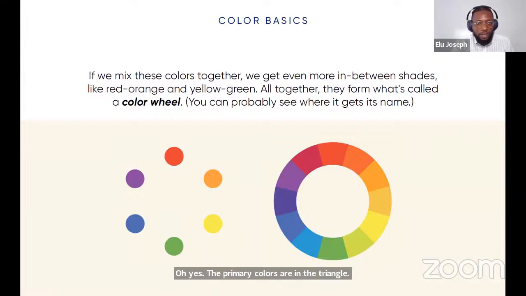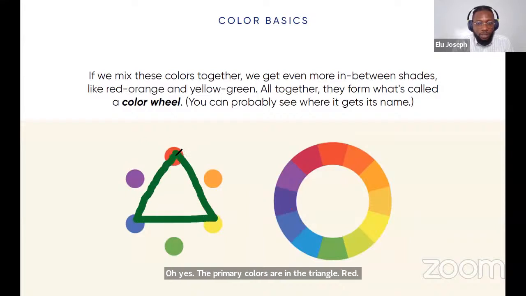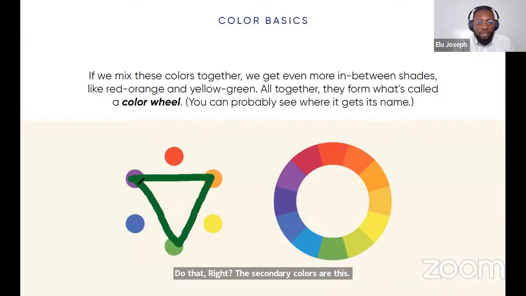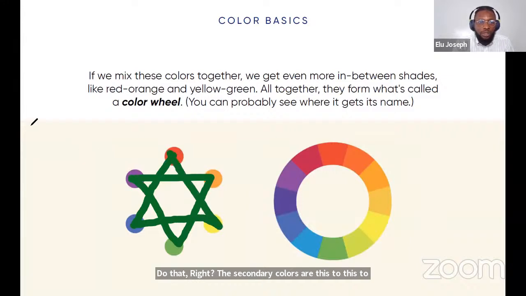Red, they are here. These are the primary colors. Those are primary colors, right? The secondary colors are this to this to this to this. How did we get them? By mixing this to this to this. That's how we got the secondary colors.